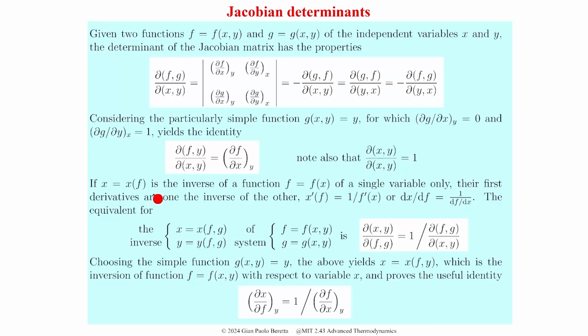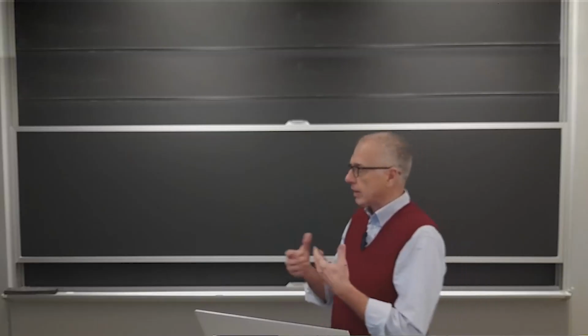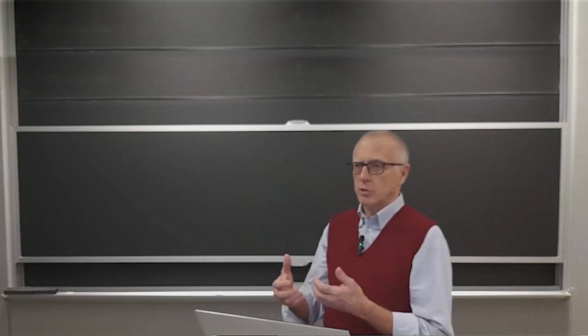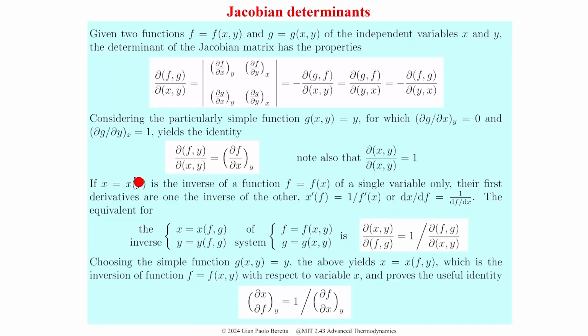The other theorem about Jacobians is that if you consider a function of a single variable and you invert the function, so you have f as a function of x, and you invert it as x as a function of f, you know that the derivative of this inverted function is equal to the inverse of the derivative of the original function.